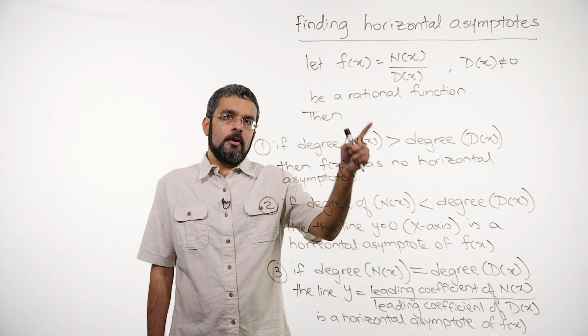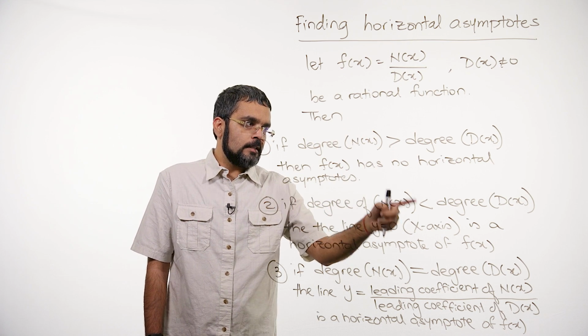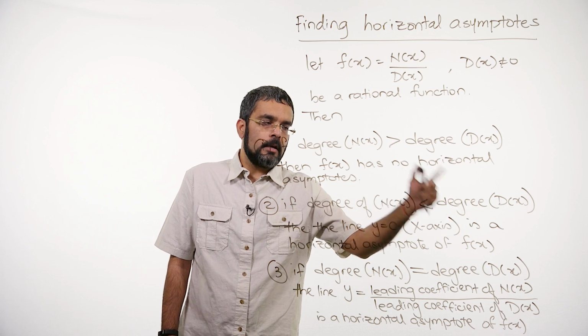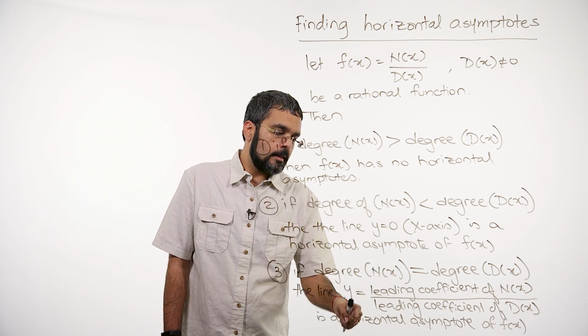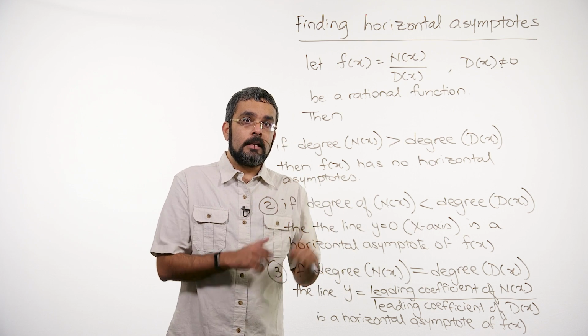So if it's greater, no horizontal asymptote. If the numerator is less than the denominator, the x-axis is the horizontal asymptote. And if they have equal degrees, then all you have to do is divide the leading coefficients.